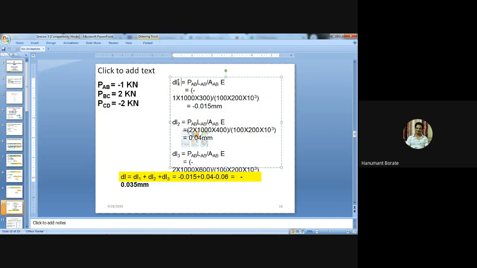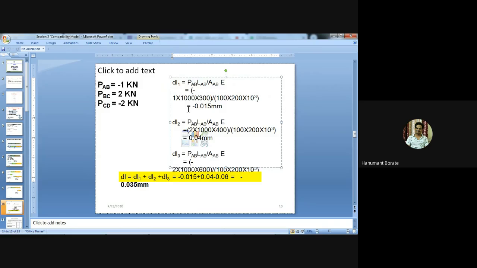The delta L1 formula is PAB times LAB divided by AAB times E. Putting in the values, the force is 1 kilonewton, so I have written 1 into 1000 to convert kilonewton into Newton. Then the length of AB is given in mm, divided by the area of AB, which is given as 100 mm square, and Young's modulus is given as 200 GPa, that is 200 into 10 raised to 3.